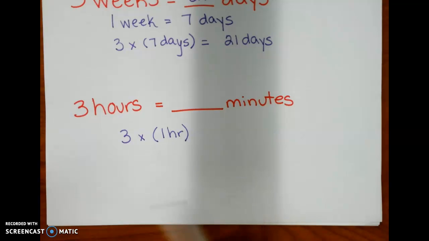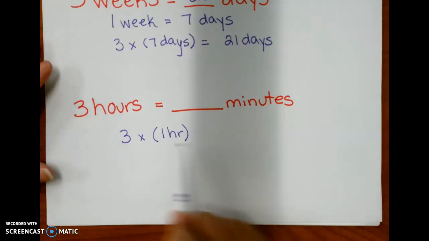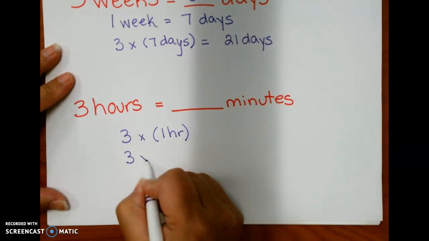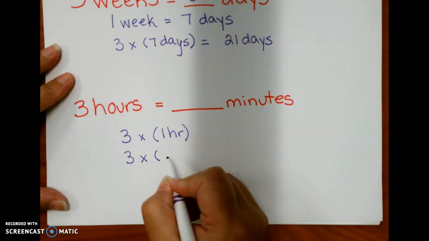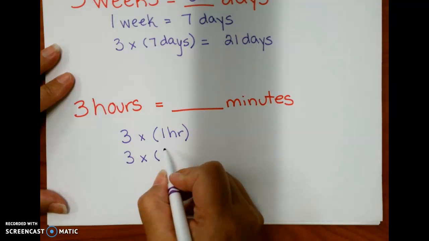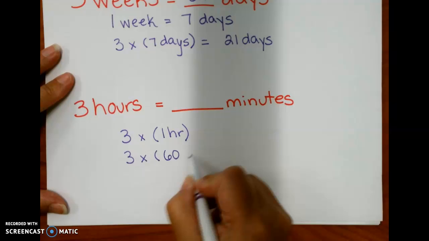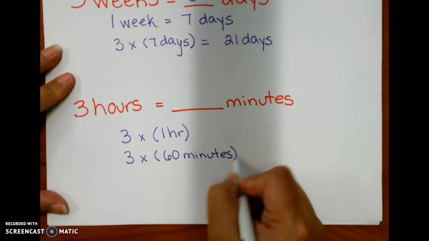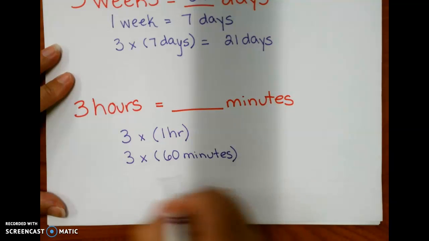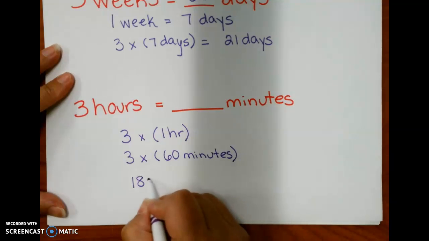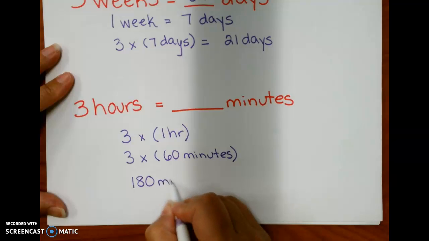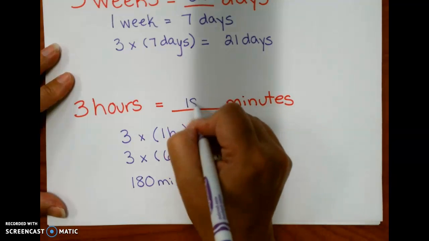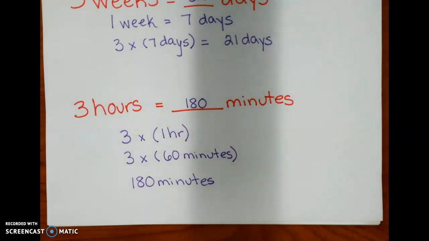So we're doing the same thing here. So we have 3 times 1 hour. How many minutes are in an hour? That's 60 minutes. And 3 times 60 is 180 minutes. I told you these are pretty easy. I know you can handle it.